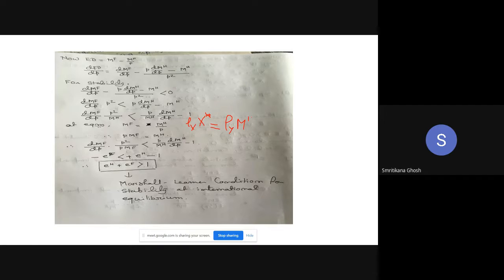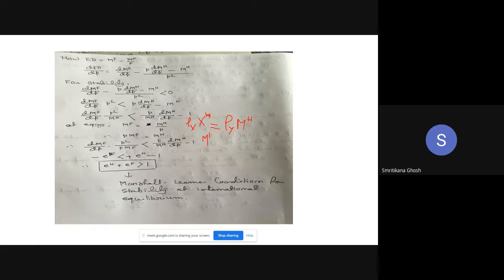Because this is the equilibrium, the value of export is equal to the value of import. Now what you are doing, you are just replacing XH by MF, because this is equilibrium. The total export of the home country is equal to the total value of import by the foreign country. As we are discussing only the equilibrium, you can replace XH by MF.